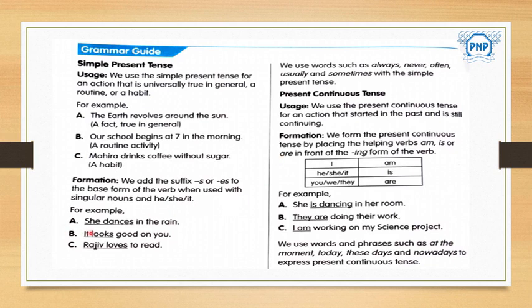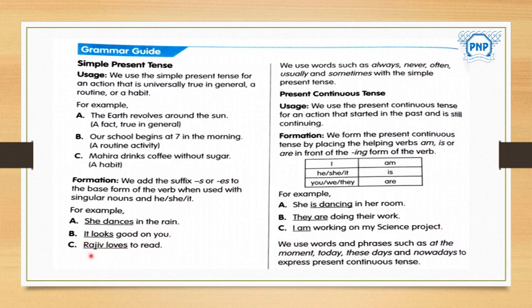Like you can see here, she, it, he, and any singular noun. She dances, the verb is dance, but since the subject is singular, we added s. She dances in the rain. Second, it looks good on you. B. It looks good on you. Here, look is a verb. We have added s because our subject is it, a singular subject.